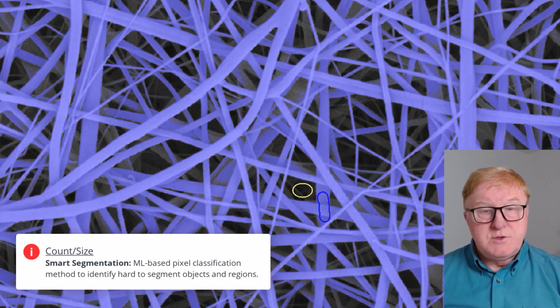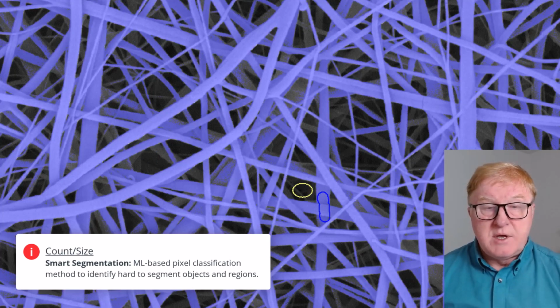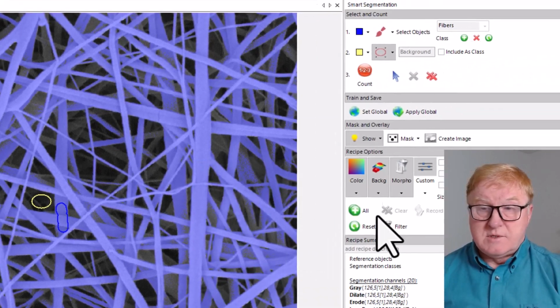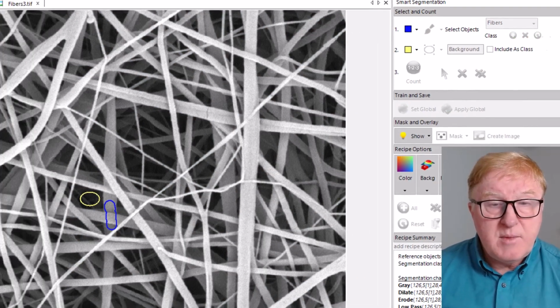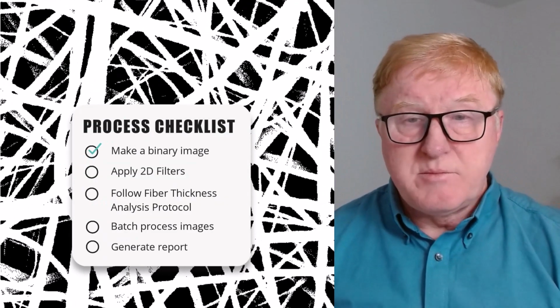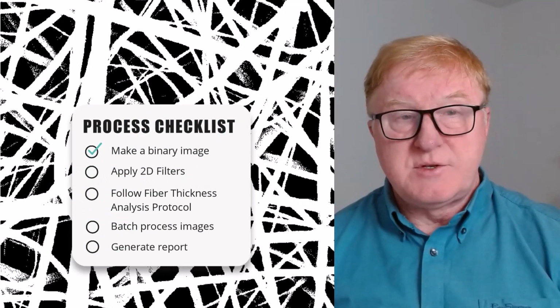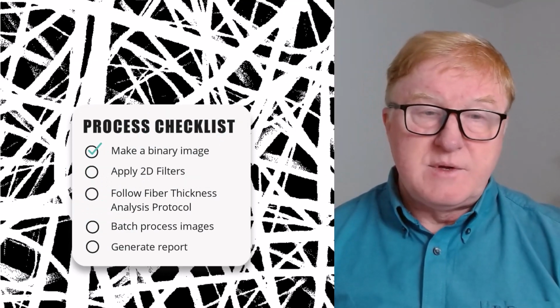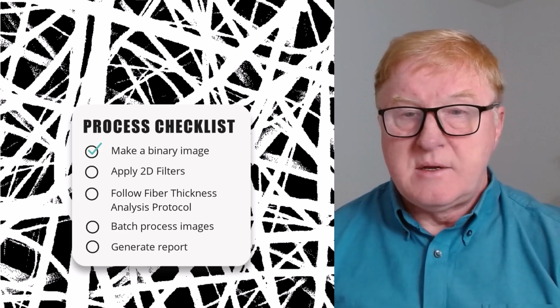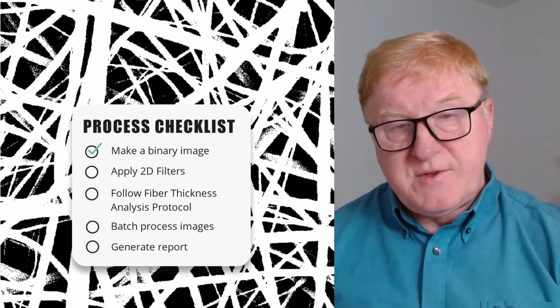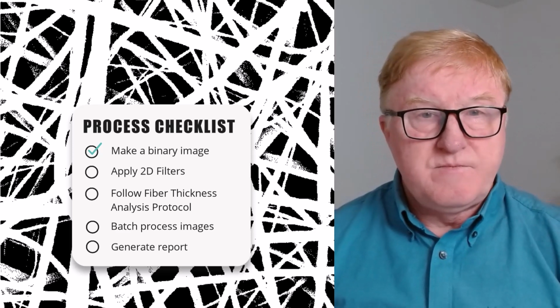When we do that, smart segmentation creates a preview mask, which we can make a binary mask, and that binary mask will represent fibers on multiple images. Of course, there is some noise and other problems, but this is a starting point and we can continue afterwards.